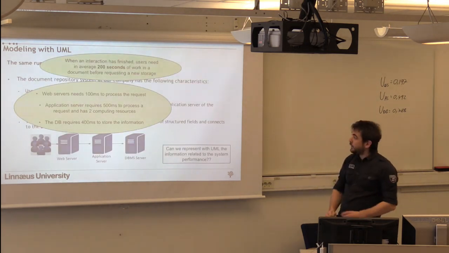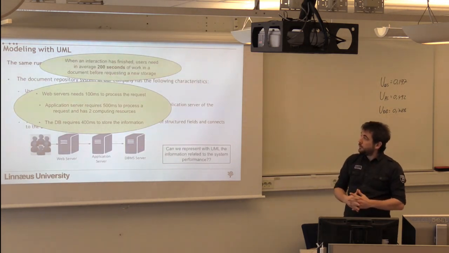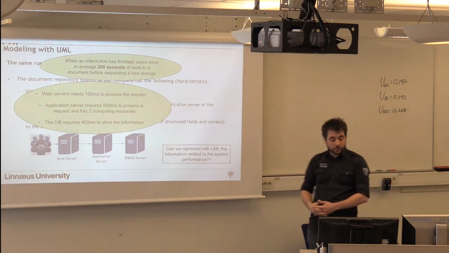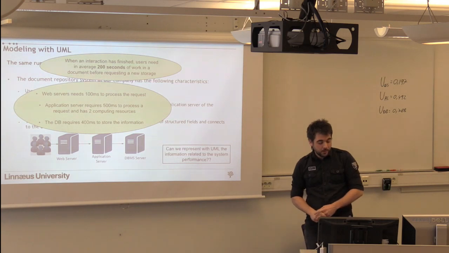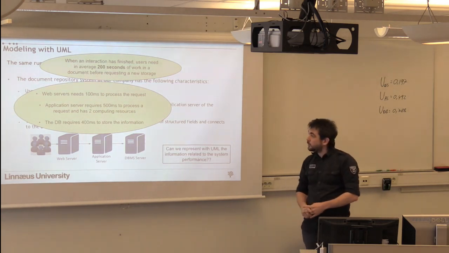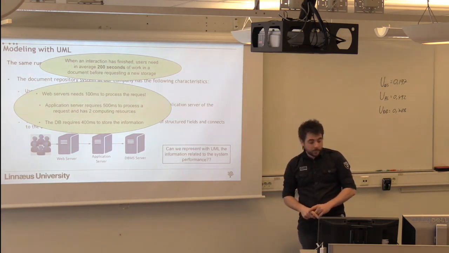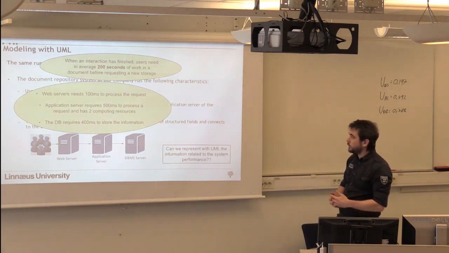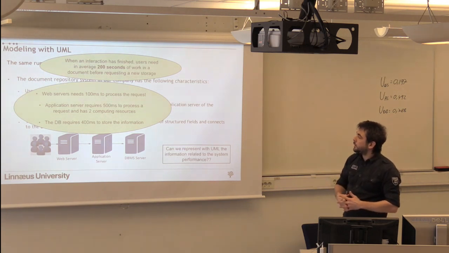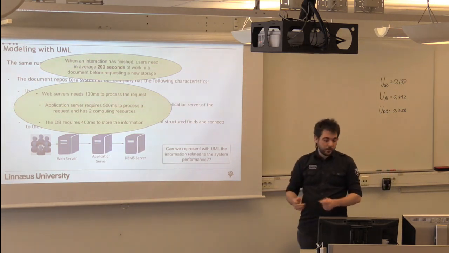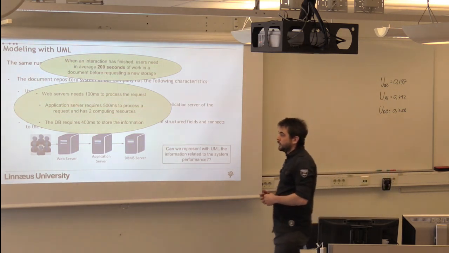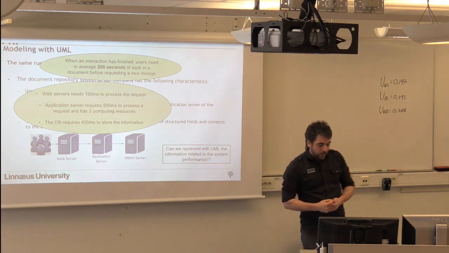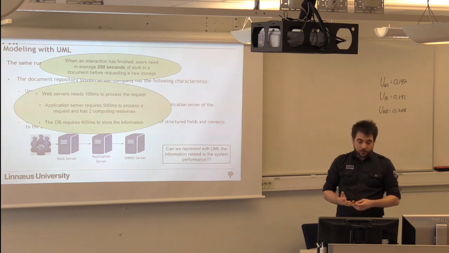And we have the performance information, like when an interaction has finished, users need on average 200 seconds of work in a document before requesting a new storage, or that the web server needs 100 milliseconds to process the request, it can process 10 per second, or that the application server has 2 computing resources and its execution takes half a second, or that the database needs 400 milliseconds.